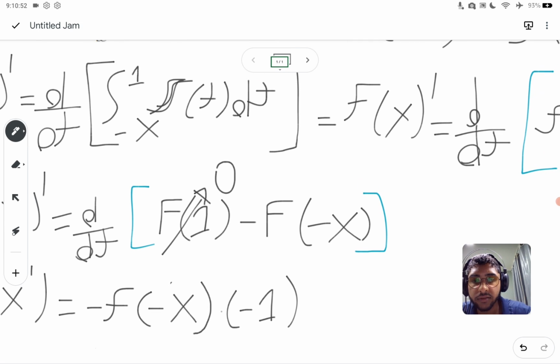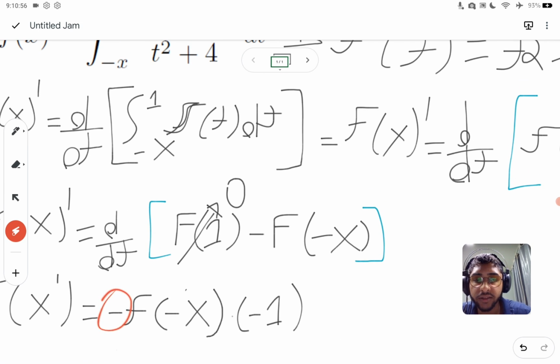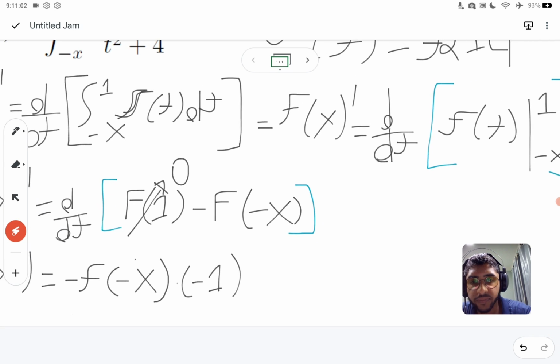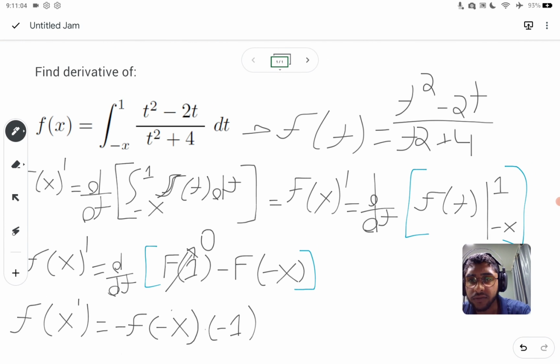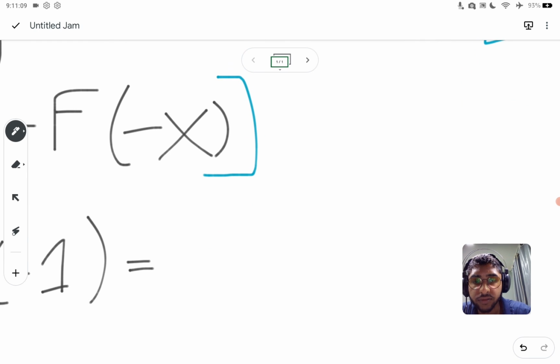Here we can view that the minus will be cancelled with the minus 1, and what we will have is equal to f of minus x.